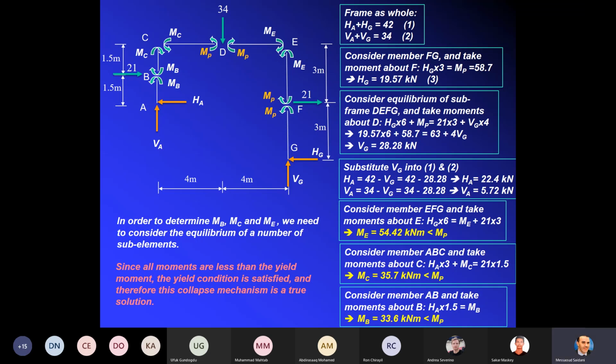HA is 22, sorry, I was looking at the wrong value. 22.4 into 3 is bigger than 21 into 1.5, so when you transfer it to the other side, it will be negative. Yes.